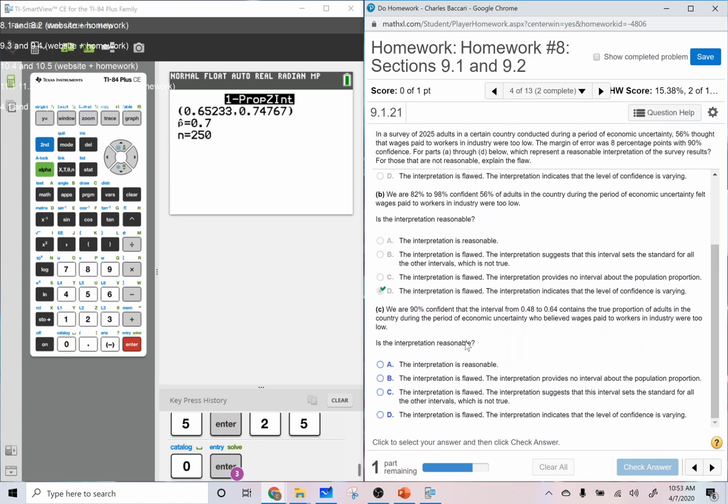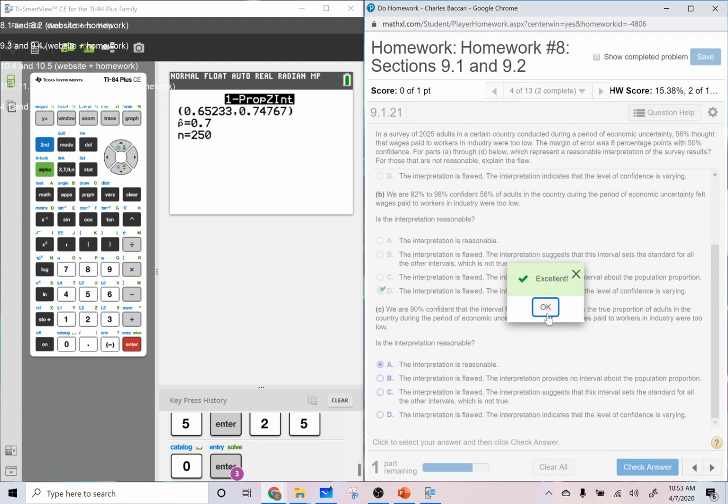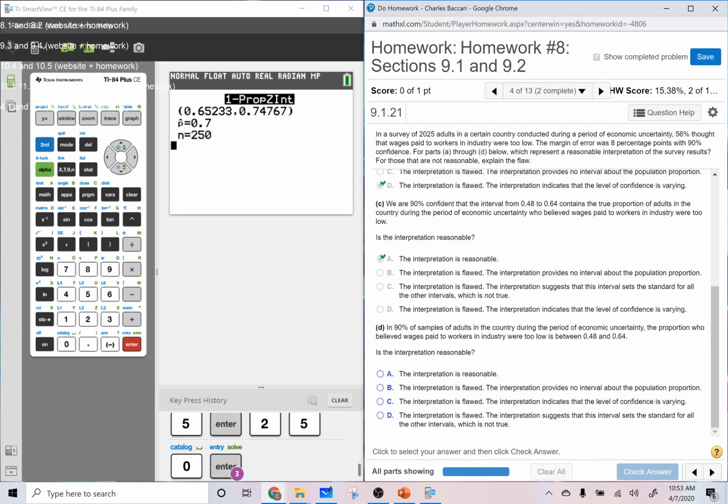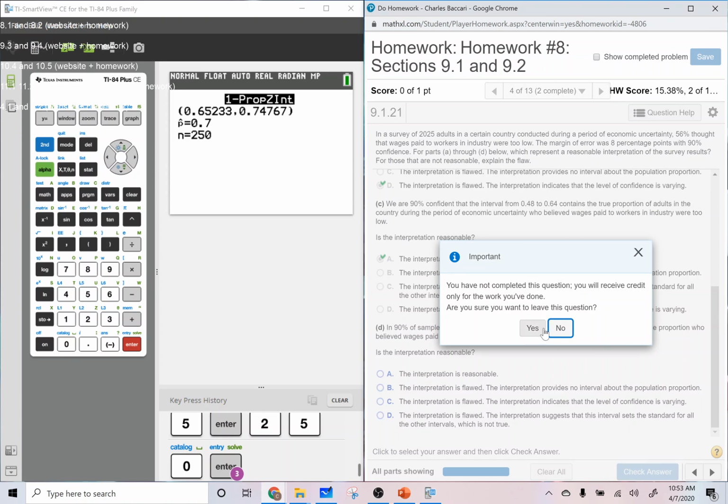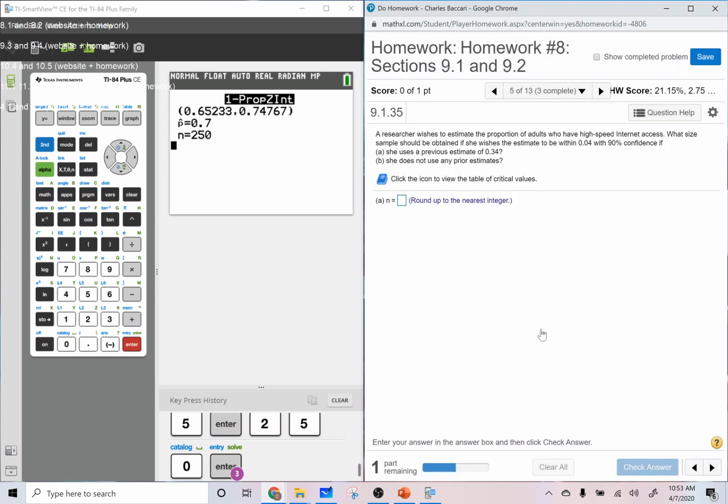Okay, and then we're 90% confident that the interval 0.48 to 0.64 contains the true proportion. And I think that one's good. That one's reasonable. Okay, and so on and so forth. Just practice interpreting these guys. It helps.